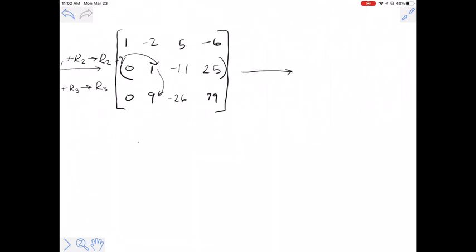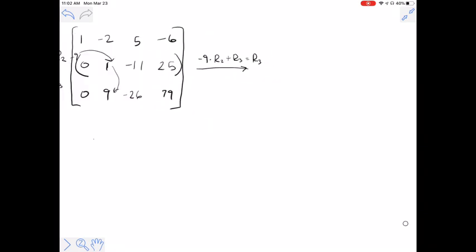So this row operation is going to be -9 times row 2. I'm going to add that to row 3, and that becomes a new row 3. Okay. And technically it has to be done to every entry in the row.